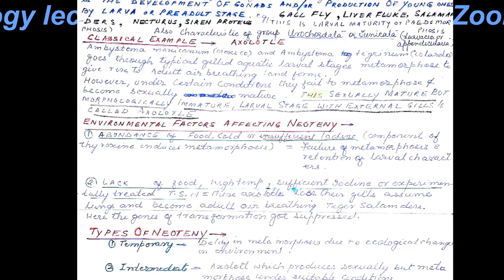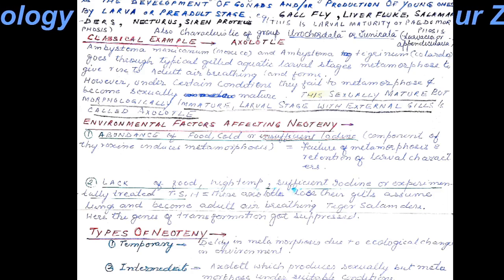This is how they metamorphose naturally. Here the genes of transformation get suppressed by the environmental conditions, and under lack of food, high temperature, and sufficient iodine, the axolotl larvae lose their gills and metamorphose into adults.